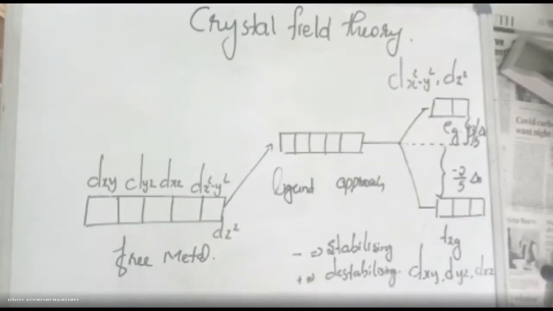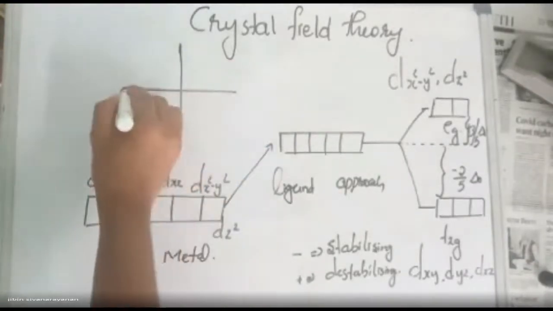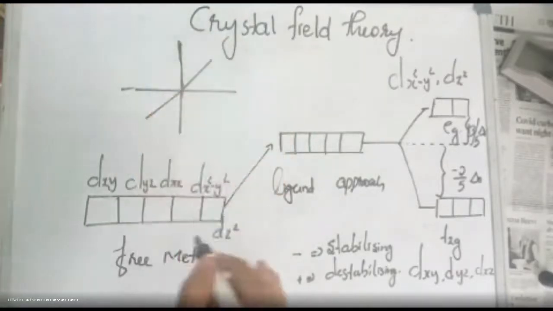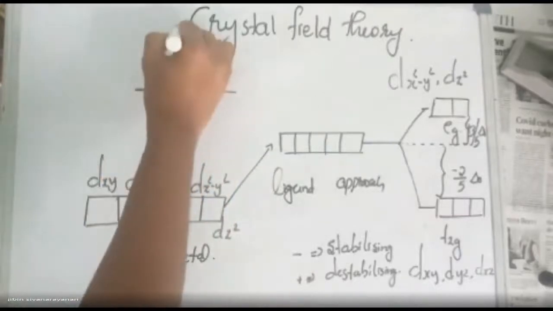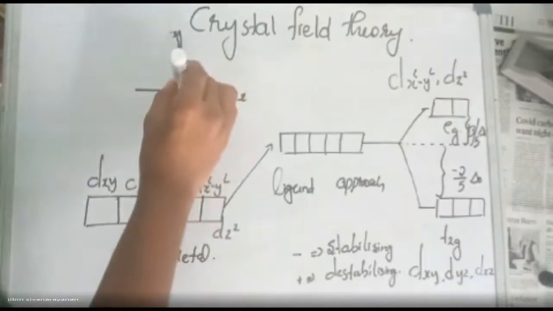Now, when the ligands are forming octahedral complexes, octahedral means there will be six ligands approaching this metal ion. What are the possible ways in which the six ligands can approach? This is the x axis, this is the y axis, and one more axis perpendicular to this is the z axis.